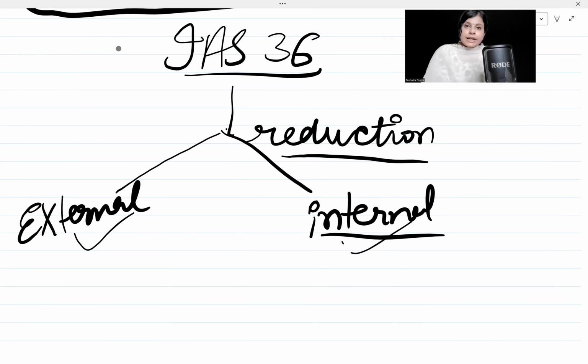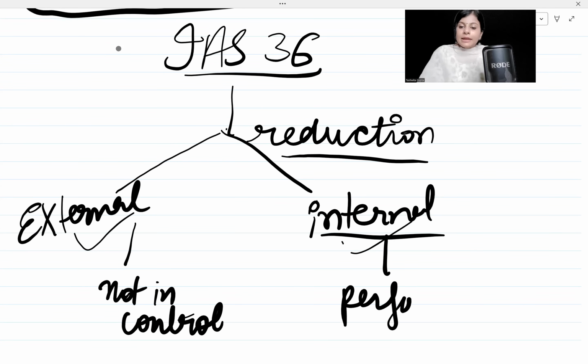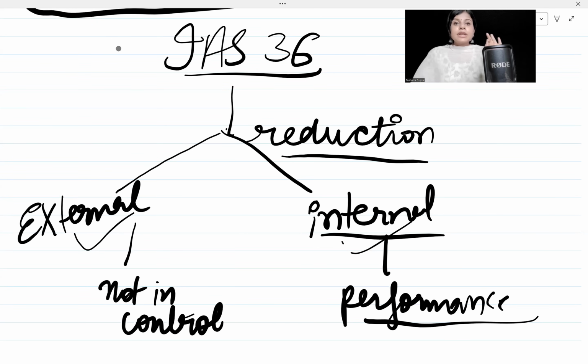In external indicators, we talk about something which is not in our control. In internal indicators, we talk about something which is in our control and indicates impairment. For example, performance of any PPE: an asset which was generating 50 units per minute suddenly has started producing 20 units per minute. That's an indicator of impairment.